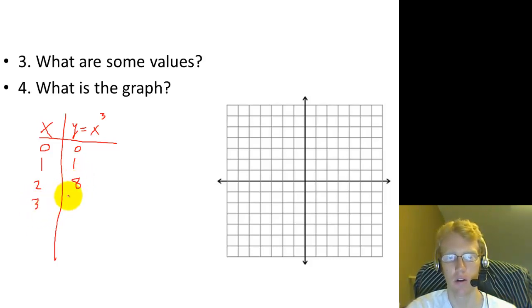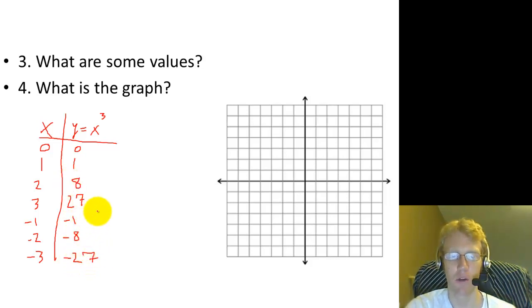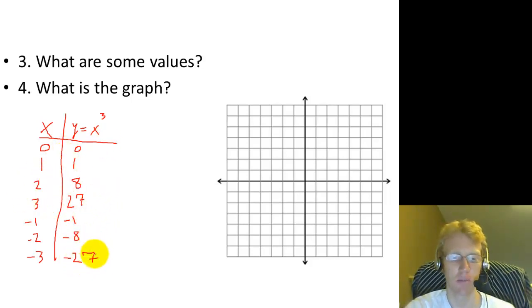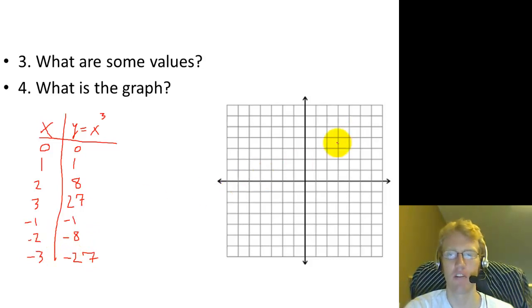And 3 to the third power is 27. Then let's try negatives. If you put in -1, you get -1, because -1 cubed is -1. -2 is going to be -8. And -3 is going to be -27. So you notice the numbers came out the same, whether it's positive or negative. They're just the same sign output as input. So the graph is actually symmetrical over the origin. If you make x and y both opposite sign, then that point will be corresponding on the graph.